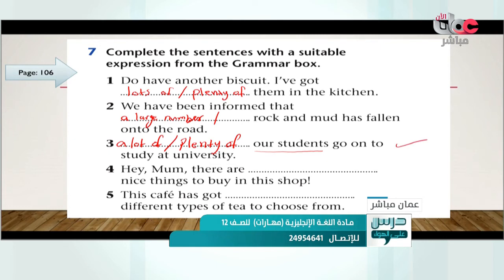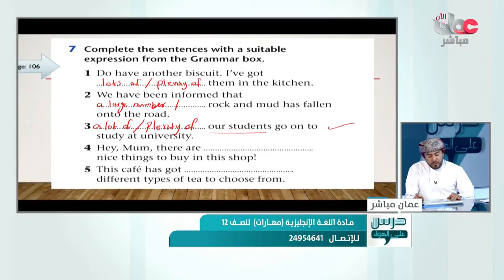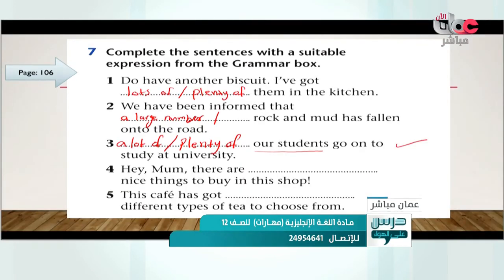Hey mom, there are nice things to buy in this shop. If you notice, here there is an informal relationship between the mom and her daughter, or the mom and her son.